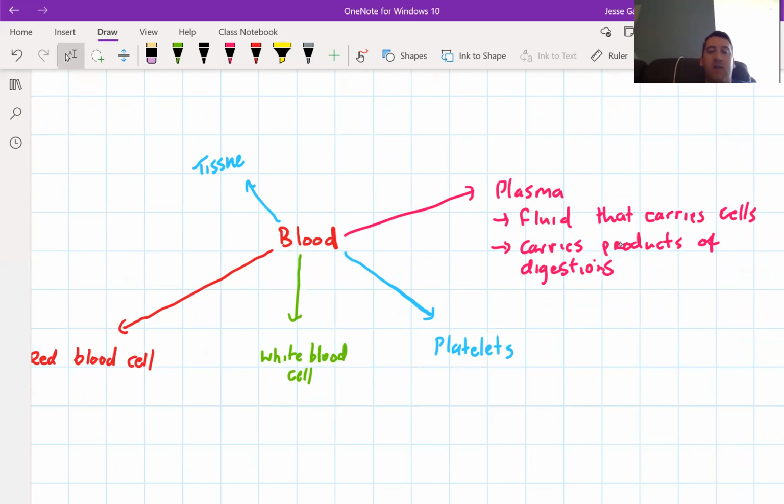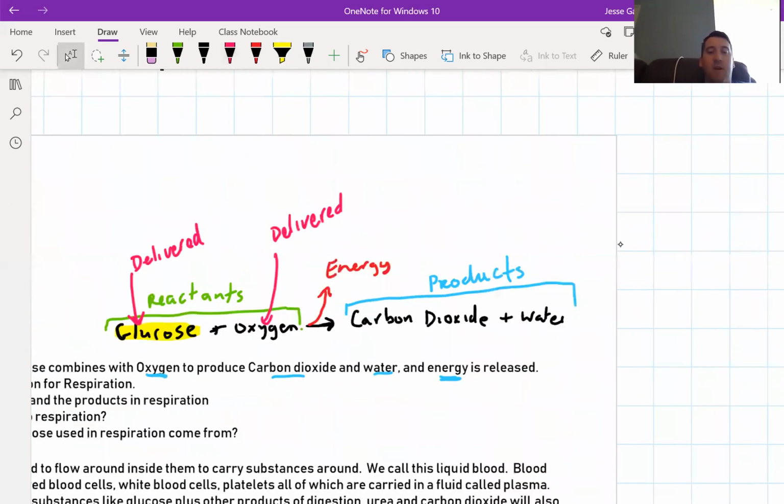It also carries and removes wastes away from the cells. Carries wastes, e.g. CO2. So CO2, carbon dioxide, is produced as a product of respiration. If it's never removed, it's going to build up and it's going to become toxic. So as respiration happens, carbon dioxide is produced, it needs to be taken away from every cell.